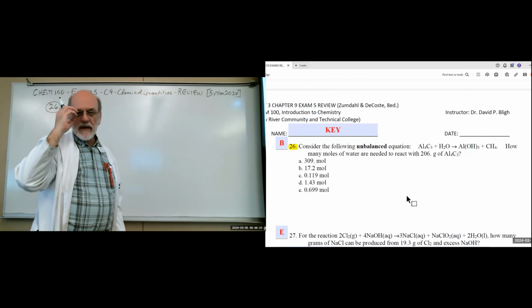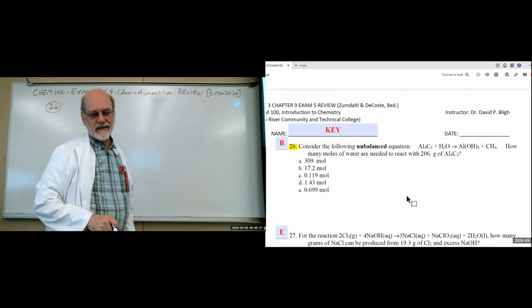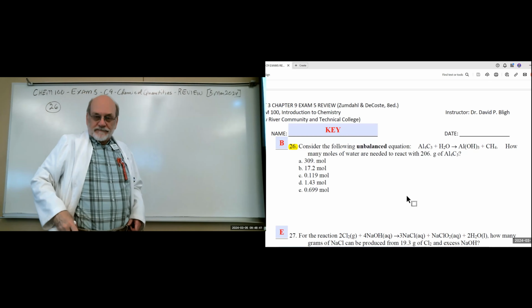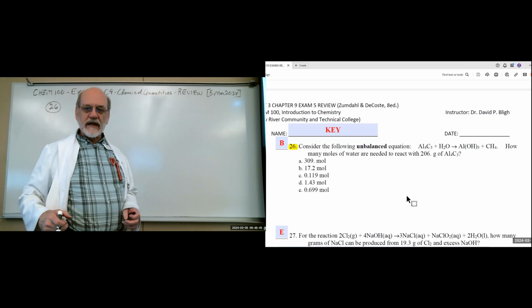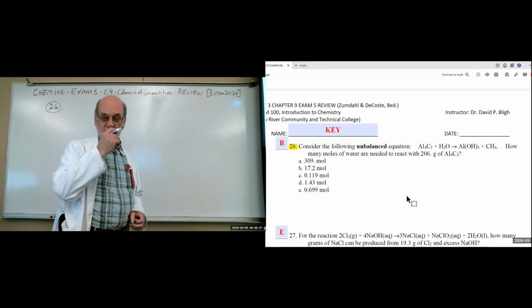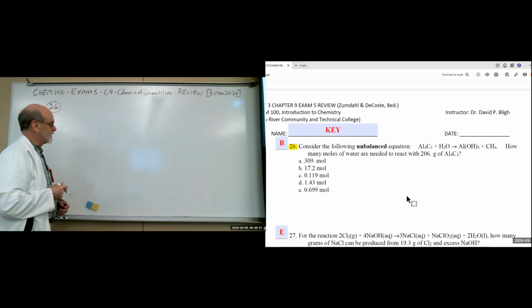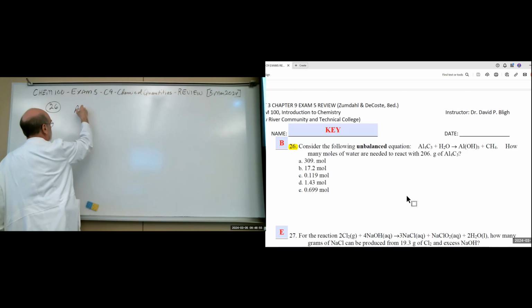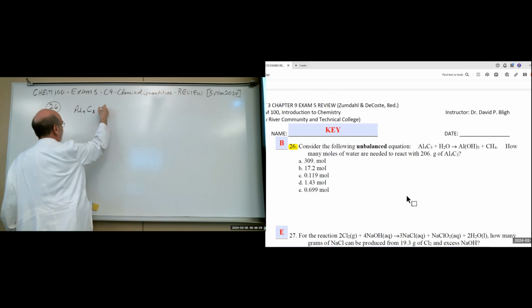All right. In the unbalanced equation, aluminum carbide plus water yields aluminum hydroxide plus methane. How many moles of water are needed to react with 206 grams of aluminum carbide? All right. So we need to balance the equation. Okay.